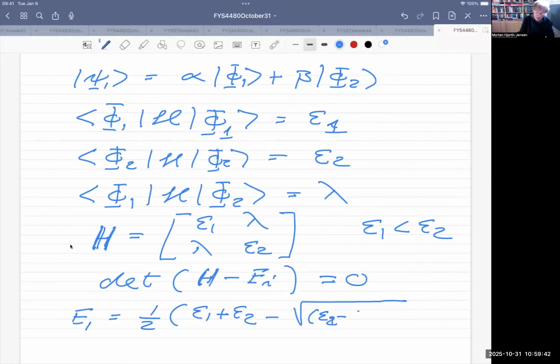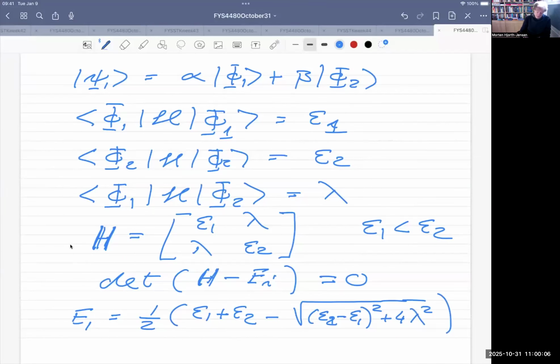I'm just going to use epsilon 1 minus epsilon 2, because then it's going to cancel one of the terms, the term epsilon 2 in front of the expression here, when I'm going to rewrite and perform a Taylor expansion, plus the term for lambda squared. So this is the eigenvalue for the lowest lying state.